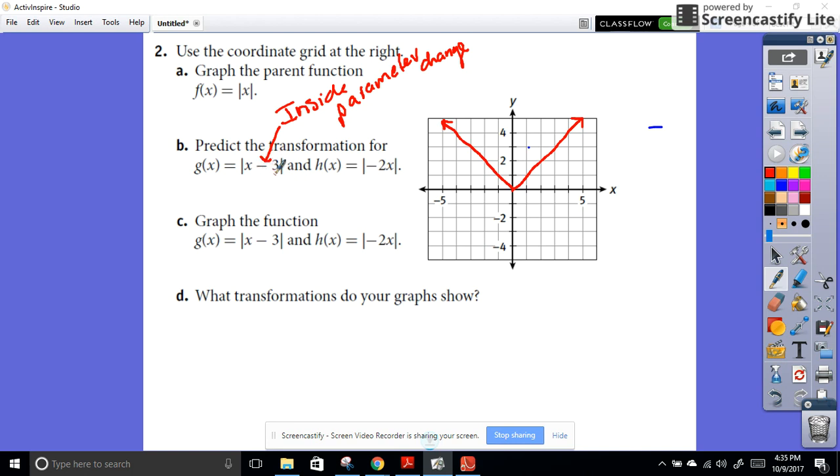Think for a second about what the inside changes would be. Okay, hopefully you thought maybe it's a horizontal change, and you're absolutely right. So inside parameter changes cause horizontal changes to the graph.